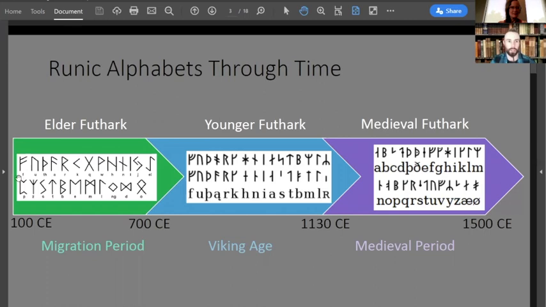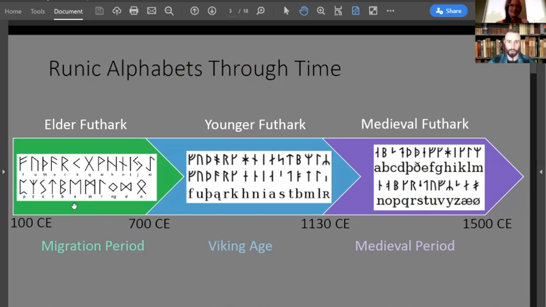If you can see the slide here, the F looks very much like a Latin F, and the U looks like it's just been turned upside down, and the R looks pretty much identical, and the H is very similar, and S, T, B, and so on. So this is probably not a coincidence.